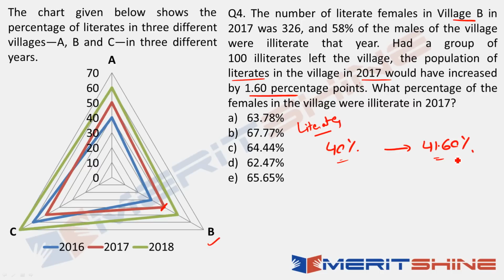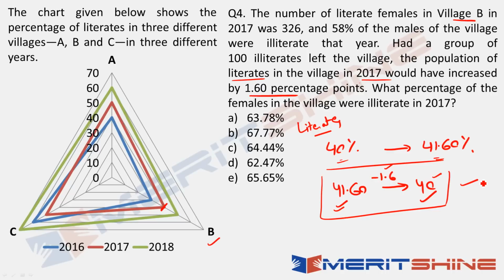It can happen when the overall population, literates plus illiterates, changes in this proportion from 41.6 to 40. So if 41.6 was the population earlier, it reduces by 1.6 and becomes 40. I'm talking about the overall population. Only then this can happen.